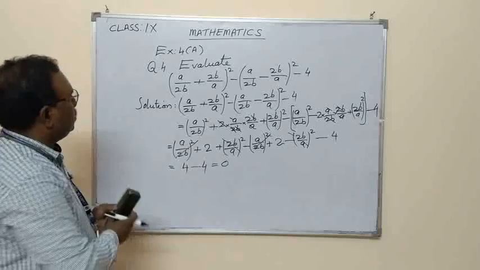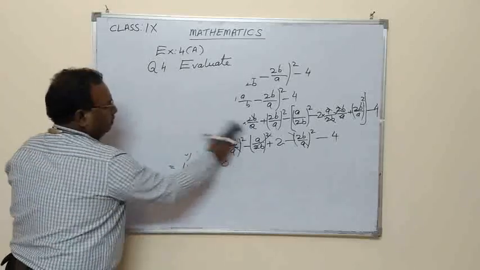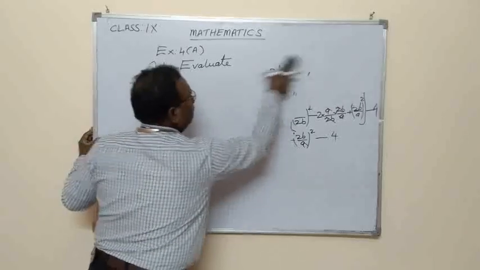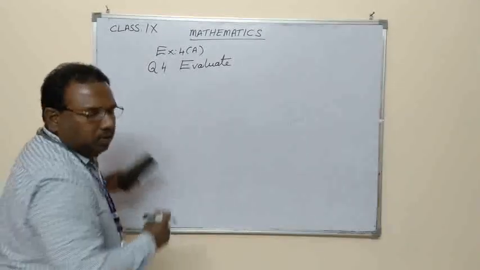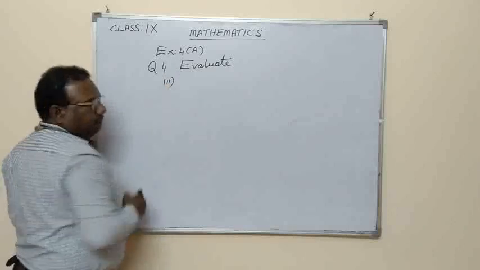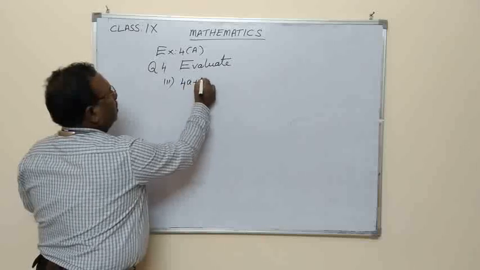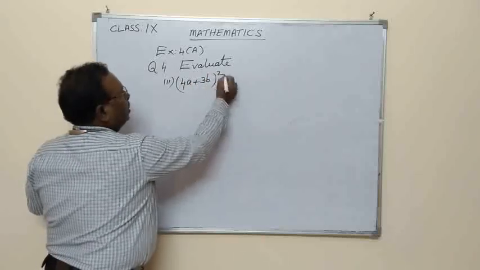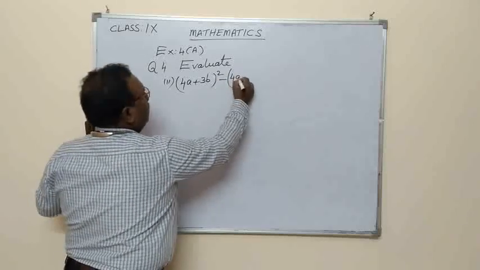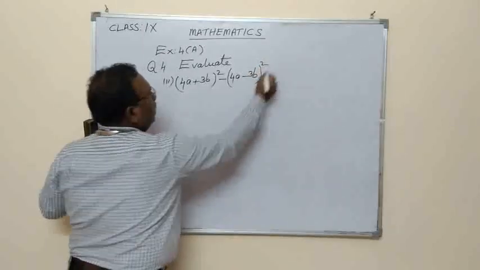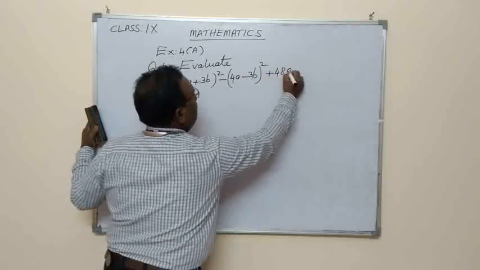Again, let's continue with the next question. For the second question, evaluate (4a plus 3b) all square minus (4a minus 3b) all square plus 48ab.